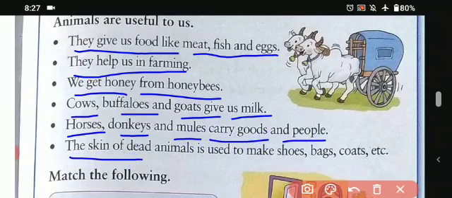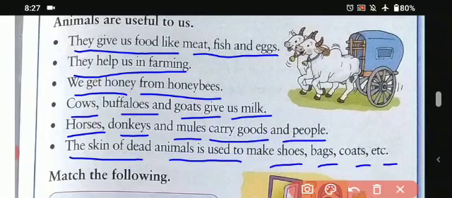The skin of dead animals is used to make shoes, bags, coats, etc. So students, animals are always useful for us as they give us food like meat, fish and eggs. They also help us in farming, in agriculture.